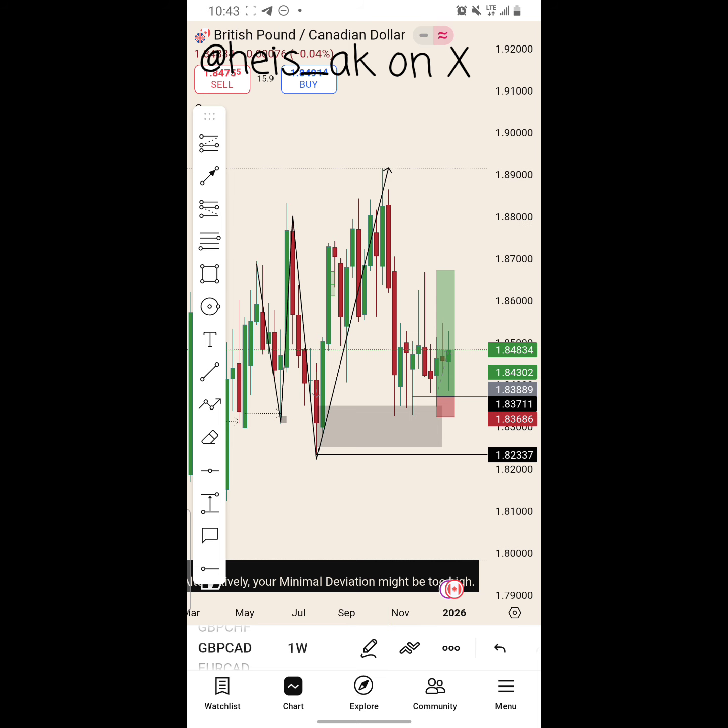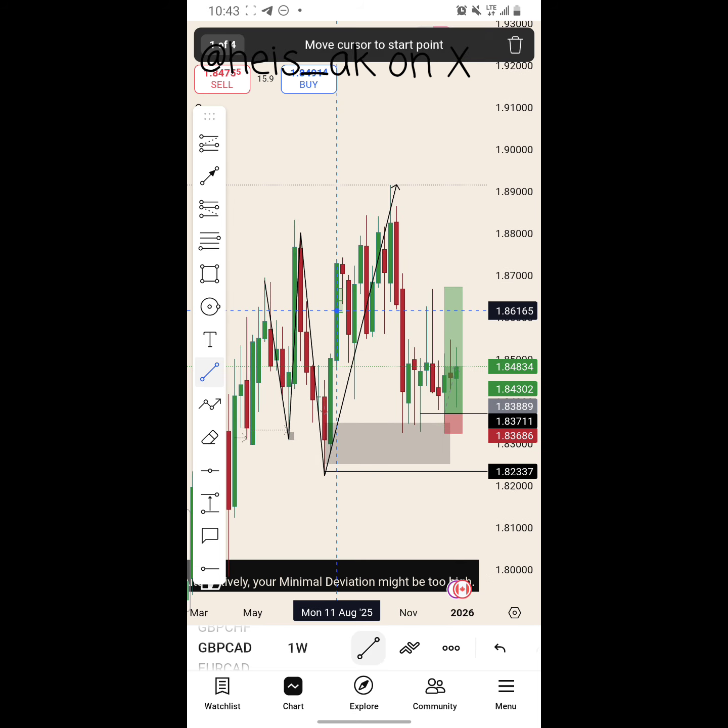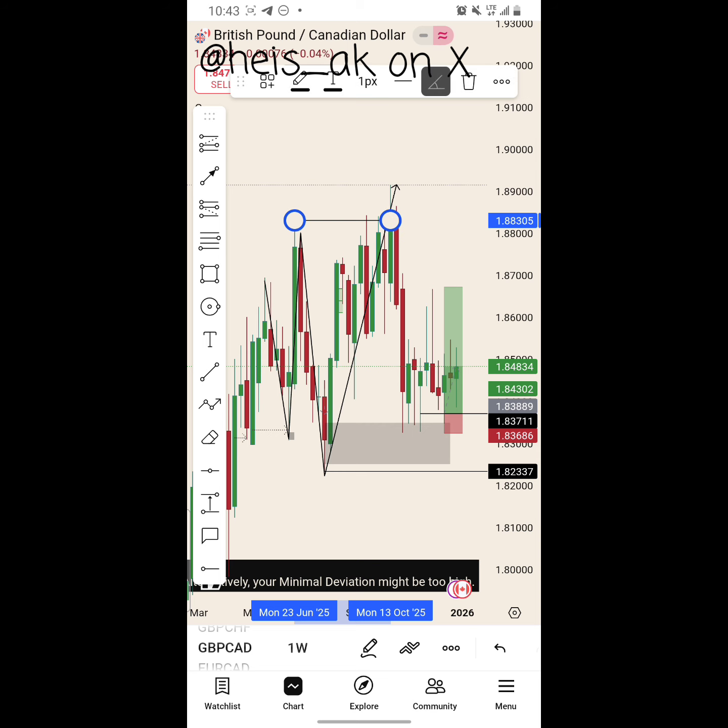But I want you to understand something here. There is no break of structure of this high. It's very obvious that there is no break of this high. According to what I always show you, there is no break of that high.